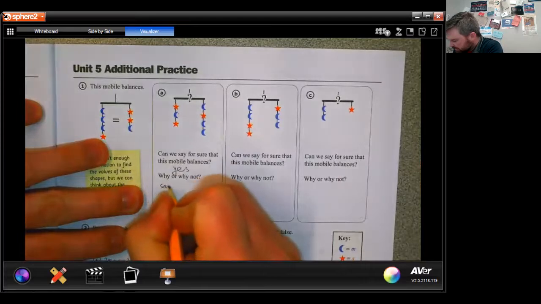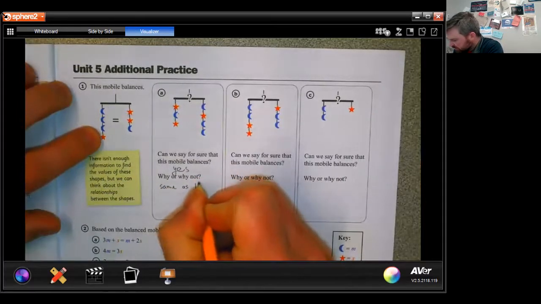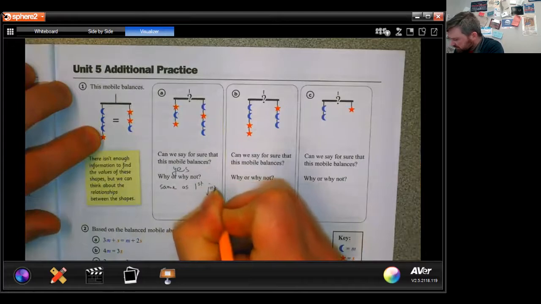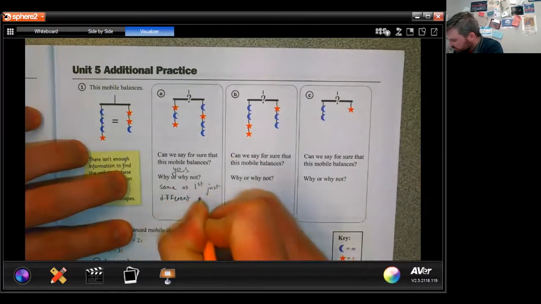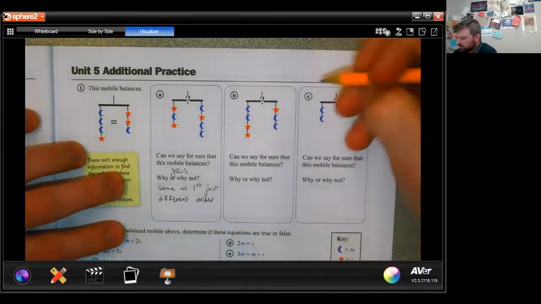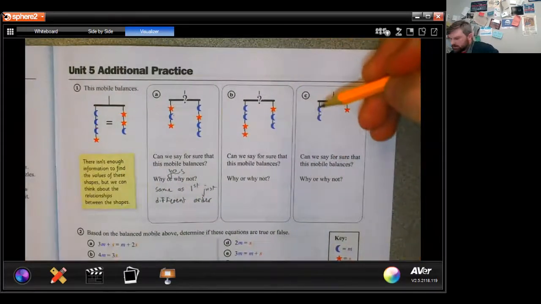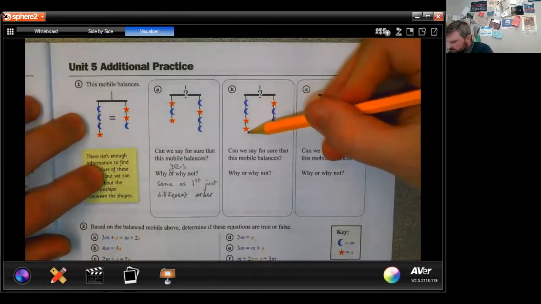Same as first, just different order. Okay, now on this side, we have 2 moons and 2 stars, which you don't have over here.